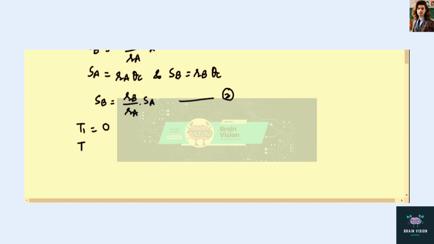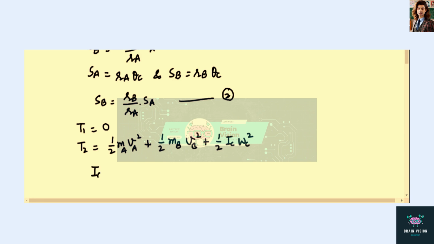Final kinetic energy is half mA vA square plus half mB vB square plus half Ic omega c square. Mass of cylinder A is given as 5 kg, that of B is 15 kg. Ic we have to calculate.